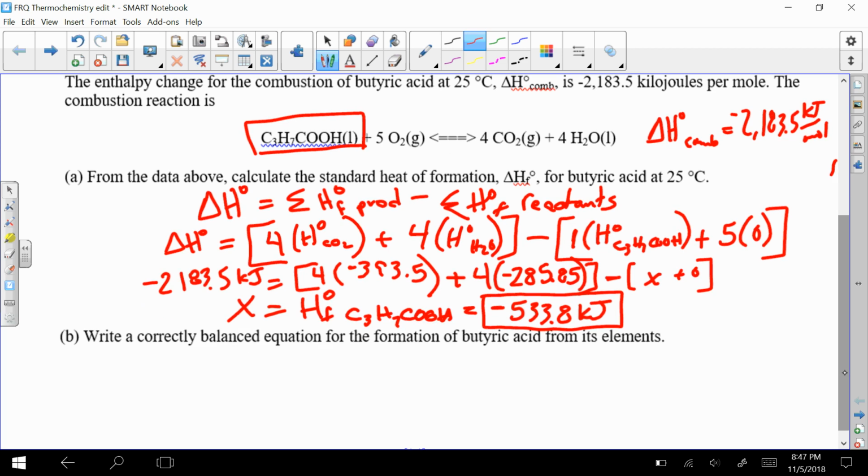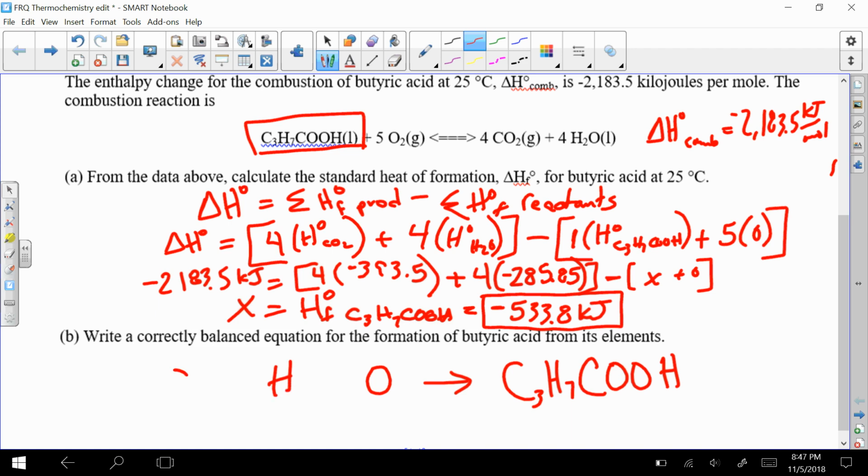Now, part B says write a correctly balanced equation for the formation of butyric acid from its elements. And so if we start with the butyric acid, the formation of that from its elements, we're going to start with all the things that make it. The things that form it, we have oxygen, we have hydrogen, and we have carbon.